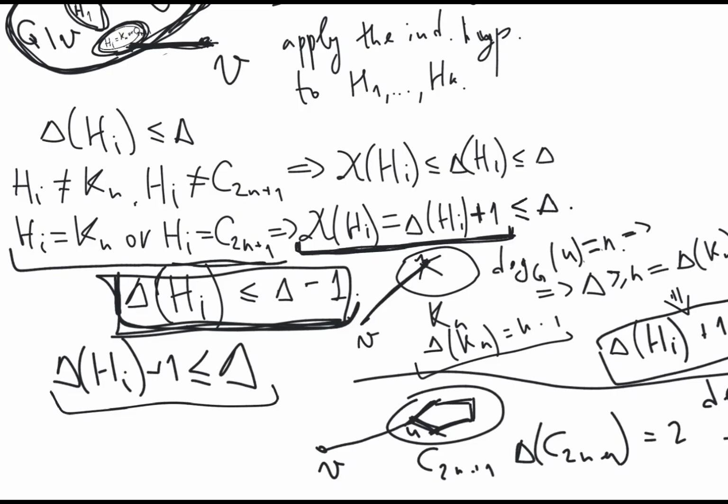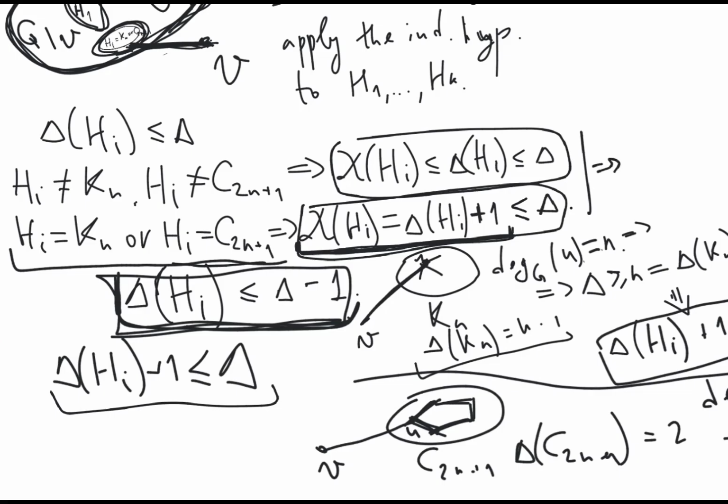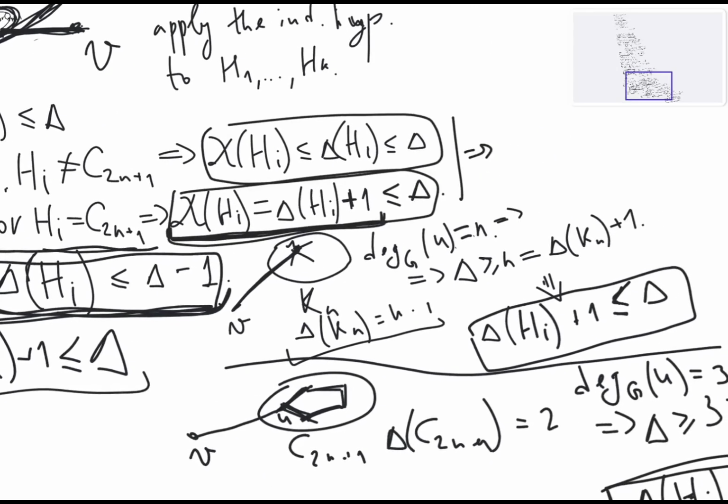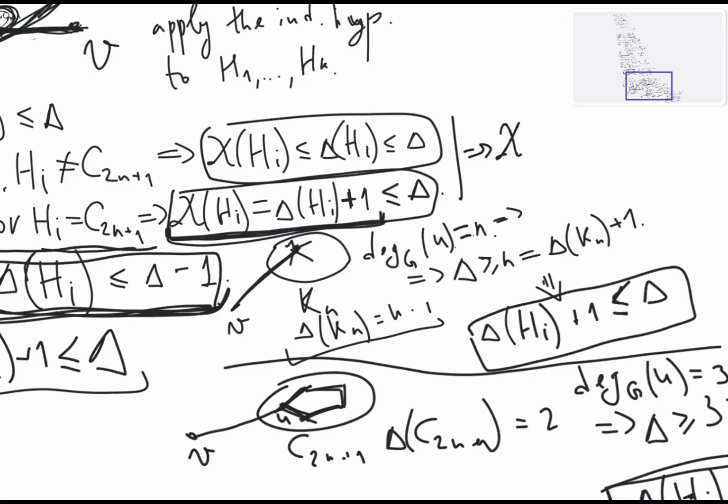So in both cases, we have he of hi is less or equal than delta.